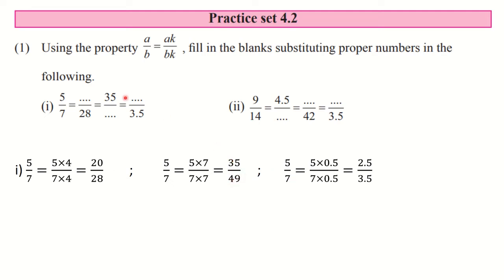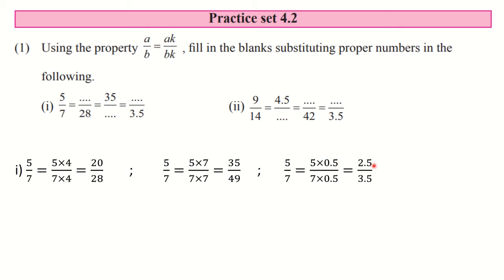Next, here we have 3.5. So 3.5 we have to express as a multiple of 7. We know that 7 fives are 35, but since the point is there, we are taking 0.5. So 3.5 we can express as 7 into 0.5. Therefore, in the numerator also we are multiplying by 0.5.